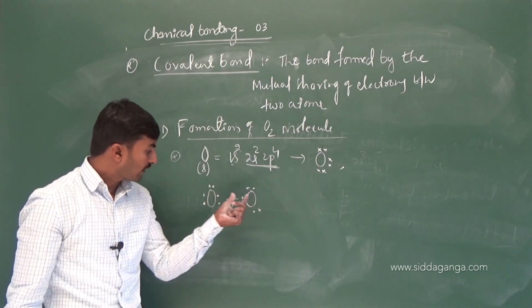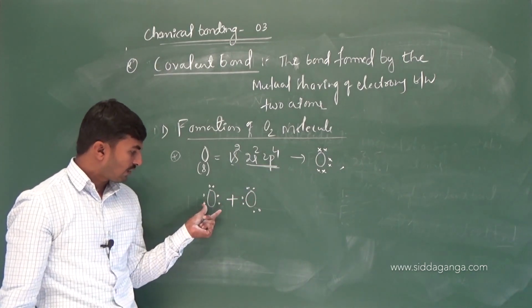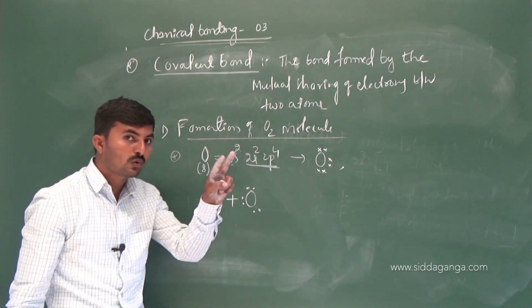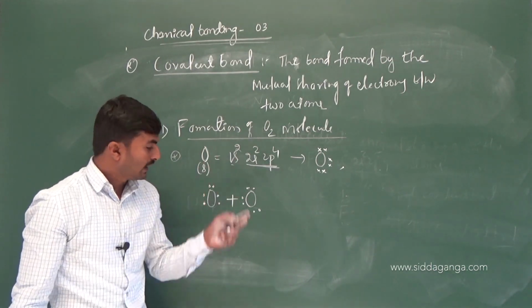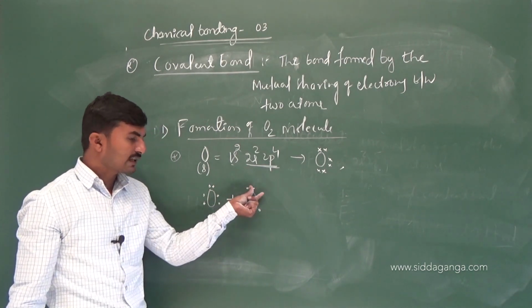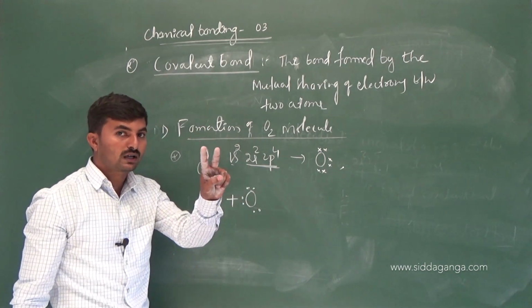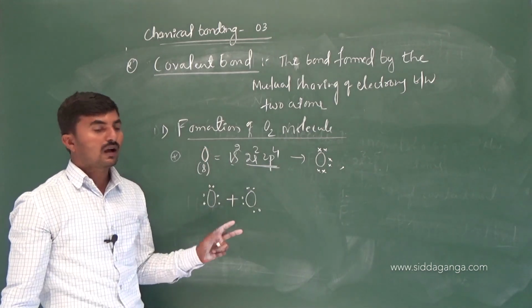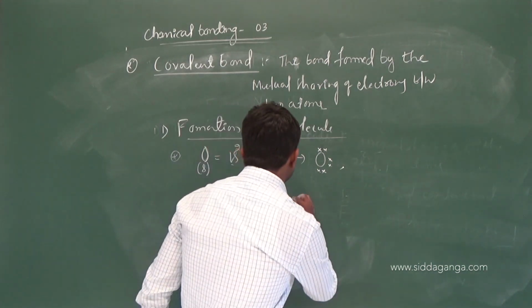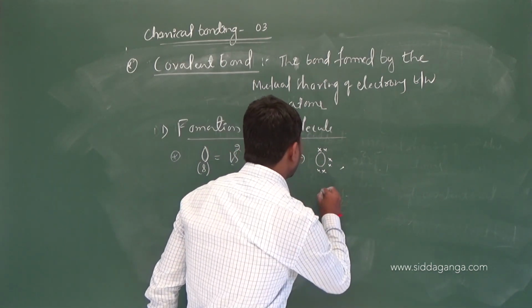This oxygen atom has 2, 4, 6 and requires 2 more electrons to get stability. At the same time, this oxygen also has 2, 4, 6 and requires another 2 electrons to get stability. How can they get their stability? By forming a covalent bond between them.